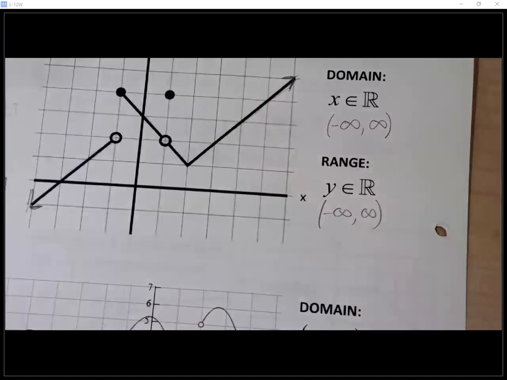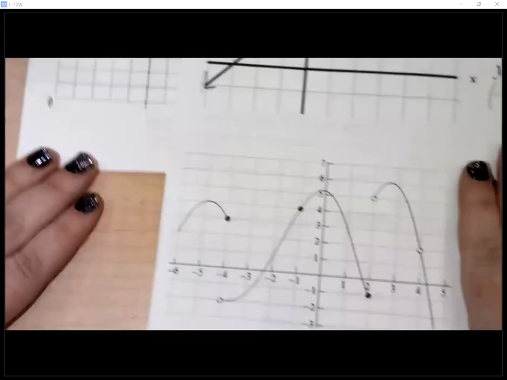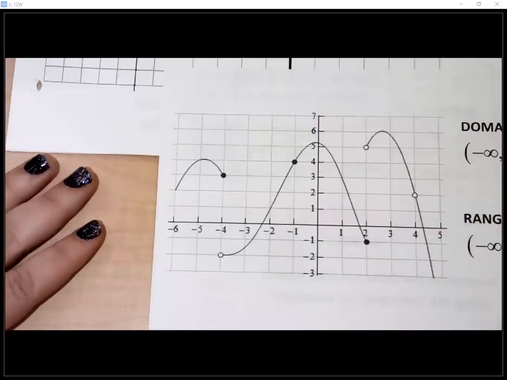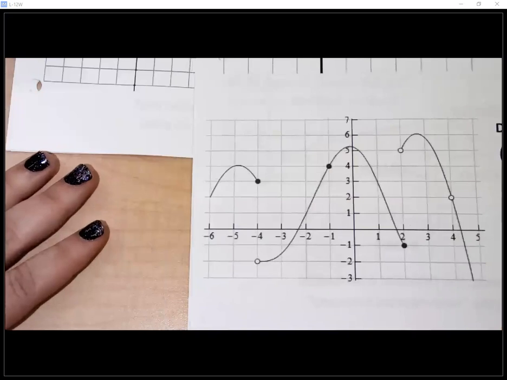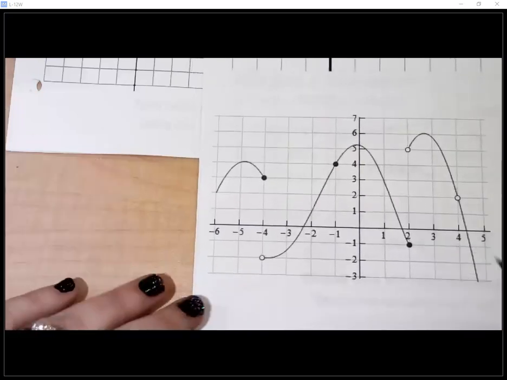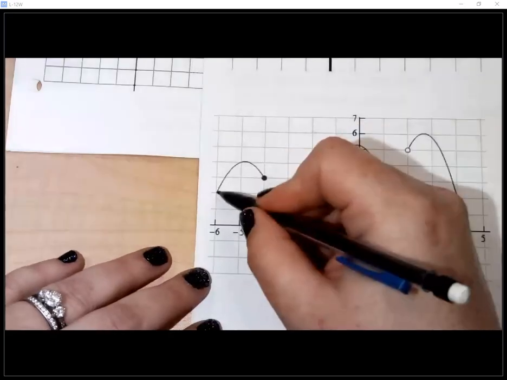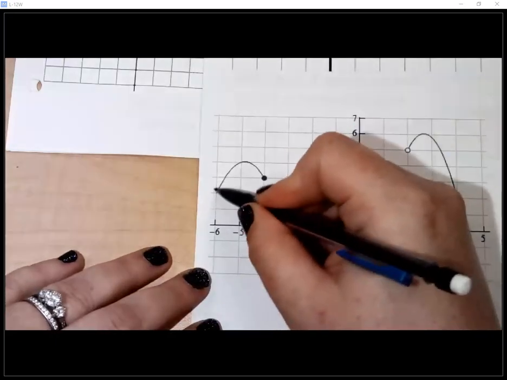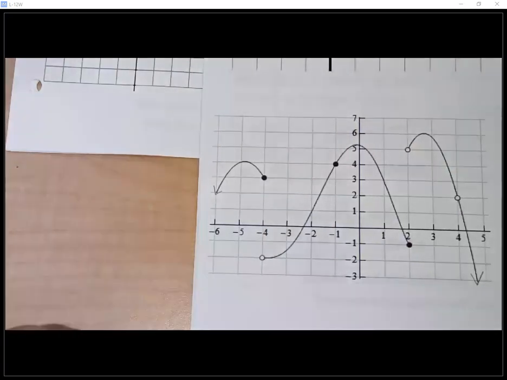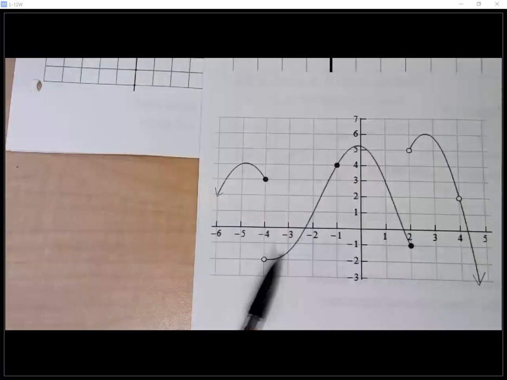Okay. Don't look at the domain and range for the bottom one. Let's see if we can do this one together without looking over there. Okay, so I noticed that my graph is coming to the very edge of the graph, so I can assume that goes off forever, that goes off forever. Okay, cool. I'm starting at negative infinity.